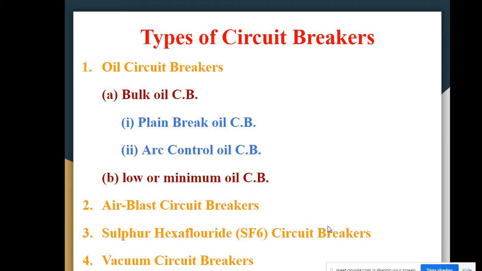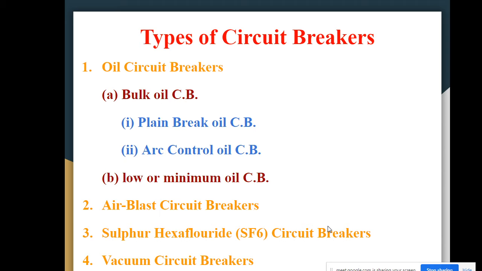Let me explain one by one. Out of these, the important circuit breakers are air blast, sulfur hexafluoride and vacuum. Of course oil circuit breaker is also there, but I'll explain the concept of this and I'll give you the rest as an assignment.